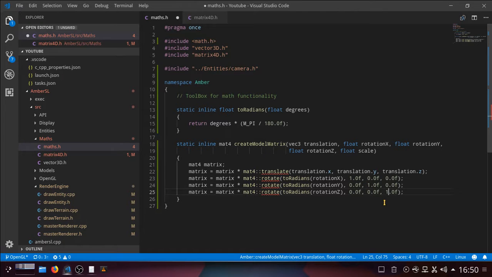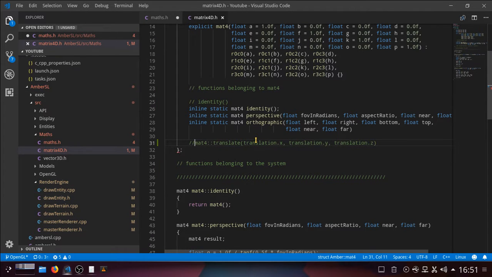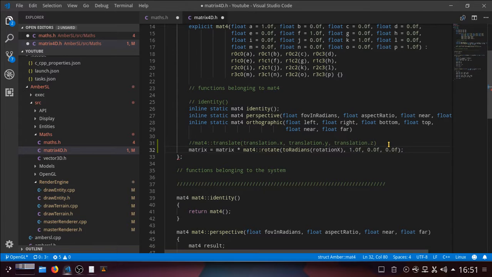Clever. I think we'll have one of those. There you go, there's a rotate. So, we'll need a rotate. There we go. That lines up properly now. Don't you dare put semicolon on the end.